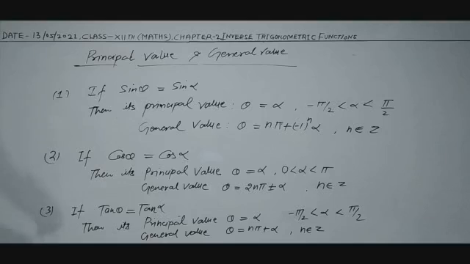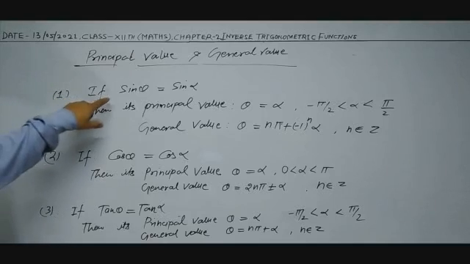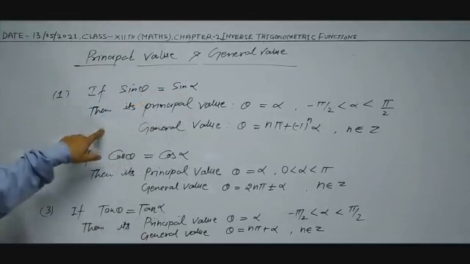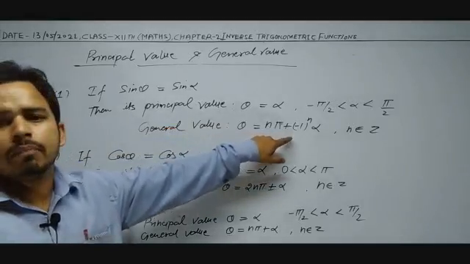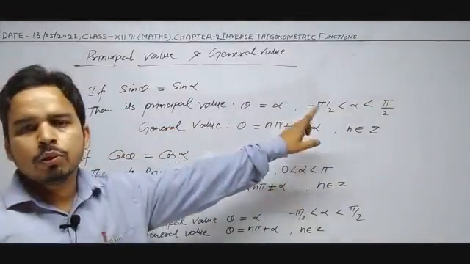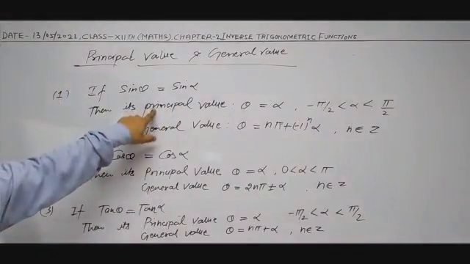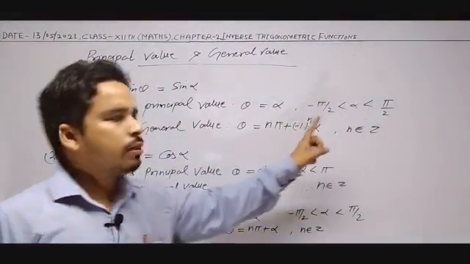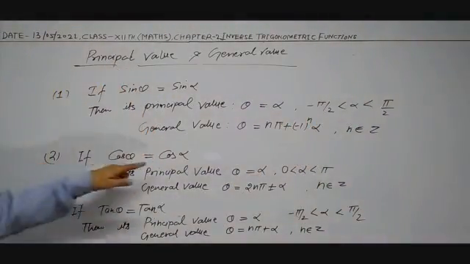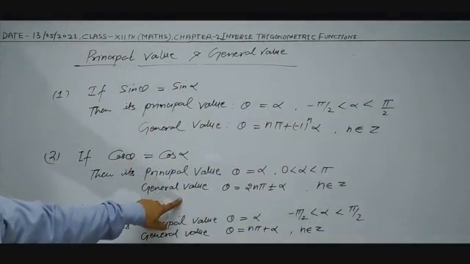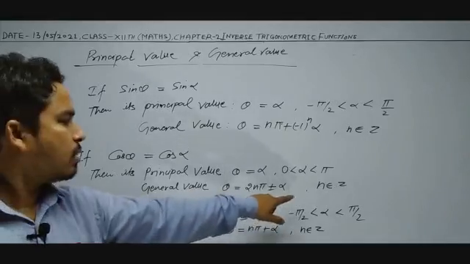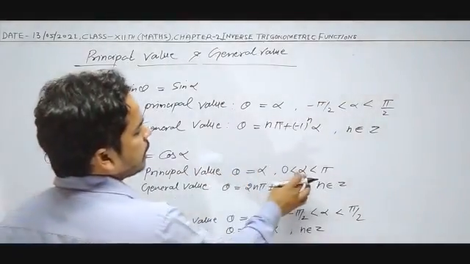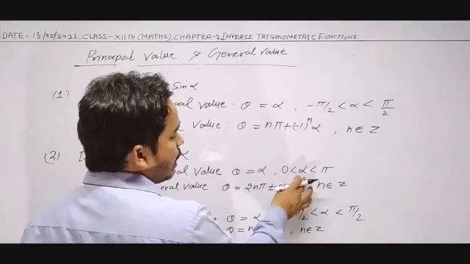Now see the student, you have already studied sin theta is equal to sin alpha, then the general value, you know, theta is equal to n pi plus minus 1 to the power n alpha, such that n belongs to integer. Its principal value lies between minus pi by 2 to plus pi by 2. Similarly, cos theta is equal to cos alpha, then its general value will be theta is equal to 2n pi plus minus alpha, and principal value will be theta is equal to alpha, such that alpha lies between 0 to pi.